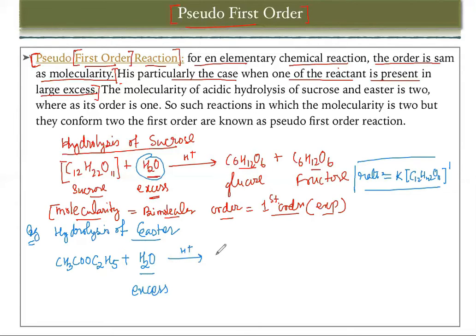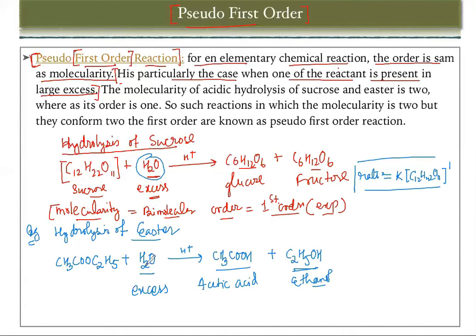If this breaks, it will convert to CH3COOH, acetic acid, plus C2H5OH, ethanol. This one is ethanol.